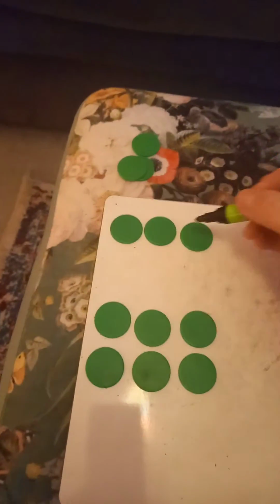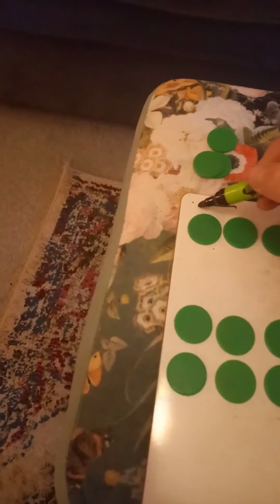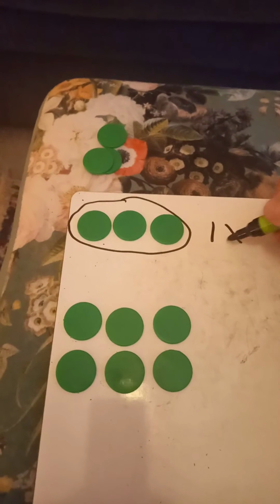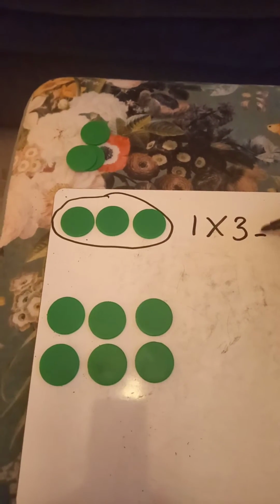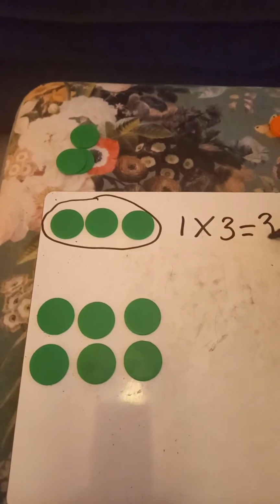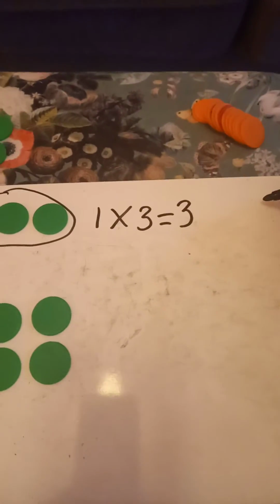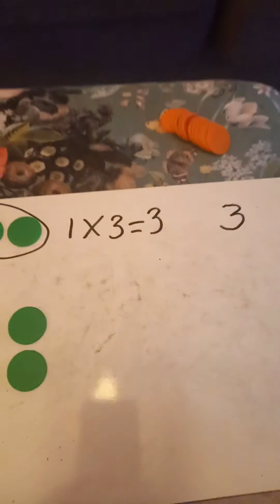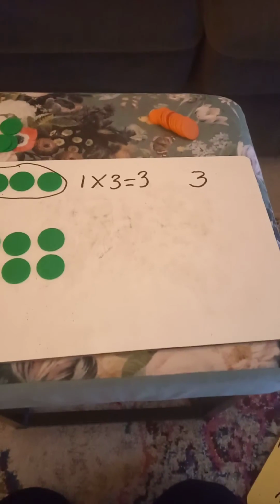So here I can see I have one group of 3. So I have 1 multiplied by 3 or times by 3, and the answer is 3. For this question, if I was to do a repeated addition, I would just have the number 3 because I don't need to add anything to that. I've only got one set of 3.